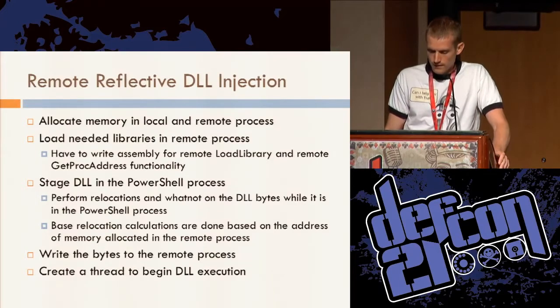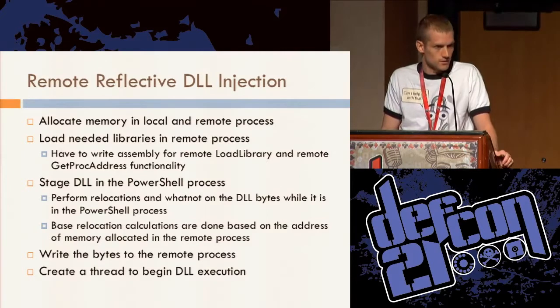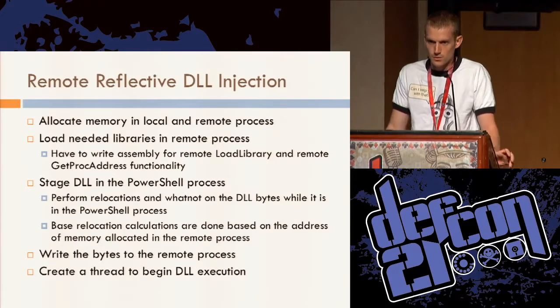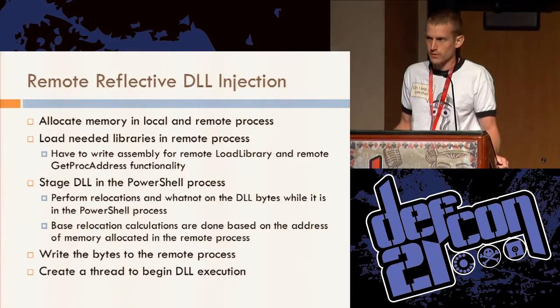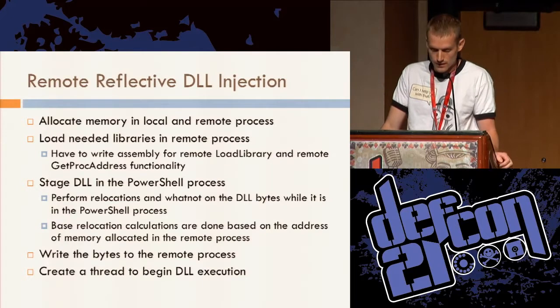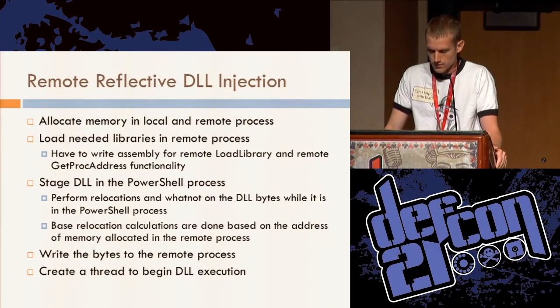Okay. So what about remote reflective DLL injection? That's possible too. It's a little more painful to do it in PowerShell compared to C or C++, which is what some of the current remote reflectors are written in. But it turns out it's still very possible to do.